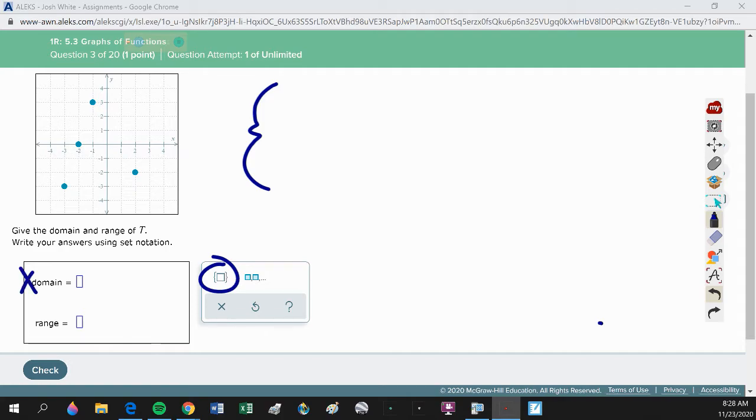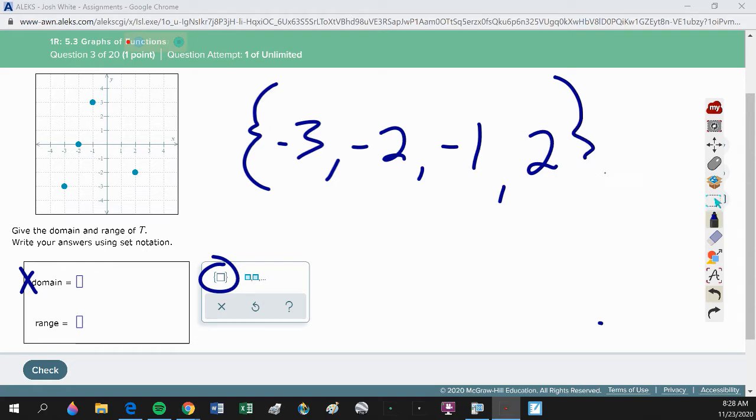So the x's would be -3, comma, -2, comma, -1, comma, 2. That's every x value that shows up. The range, same deal, but we do the y values. So -3, -2, 3, and 0.